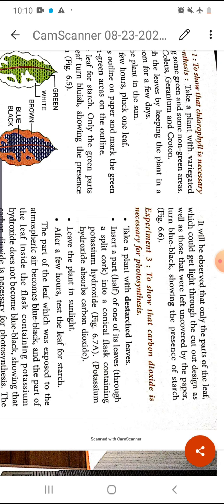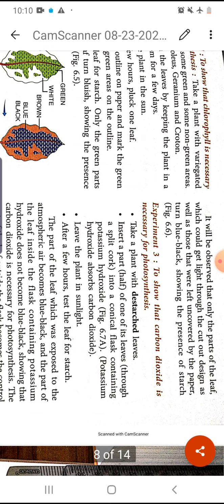That means in the brown color no starch is present, but the design portion could absorb the light through the cut, so starch is present in that portion.